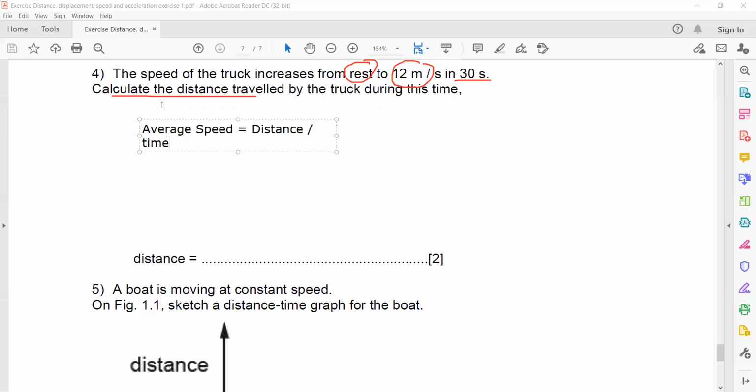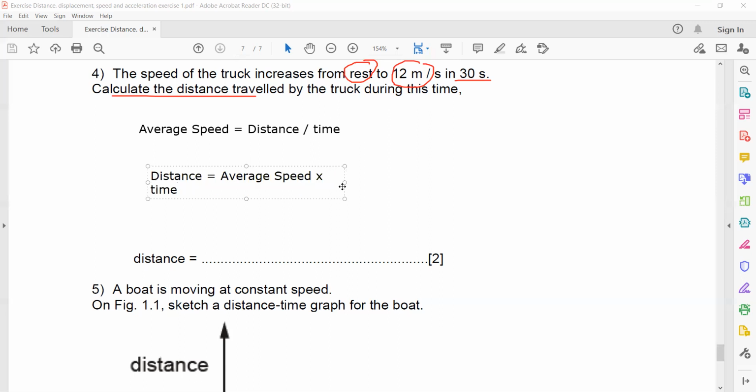So we need distance. If you want to calculate distance, it will be average speed multiplied by time. What will be the average speed here?